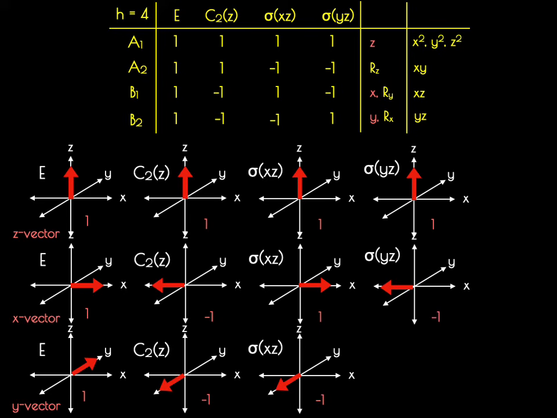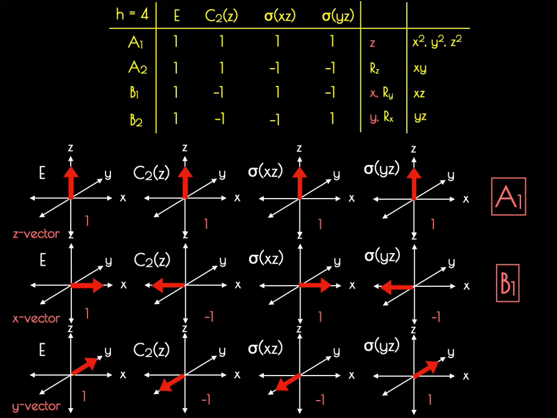The x vector inverts, but the y vector stays the same. We can look and see which irreducible representations these transform as. The z vector transforms as a1, the x vector transforms as b1, and the y vector transforms as b2.